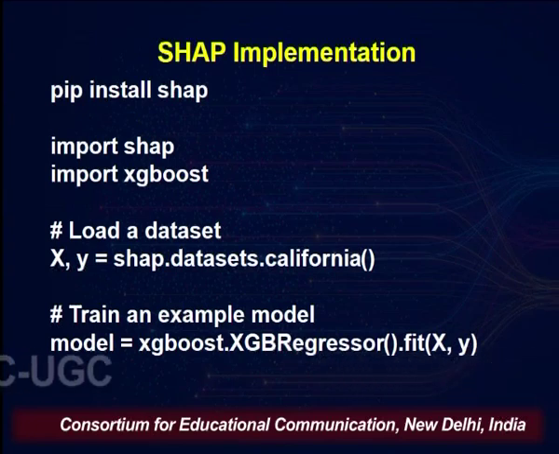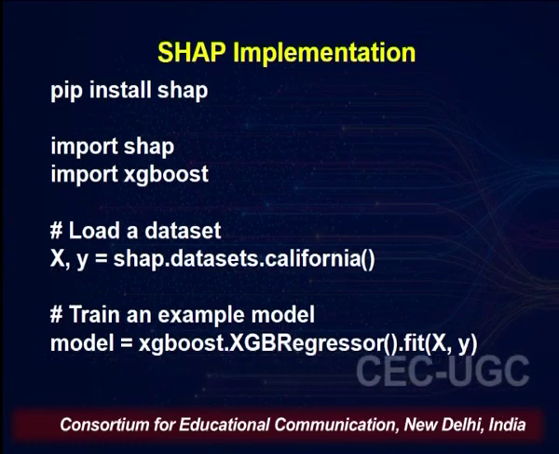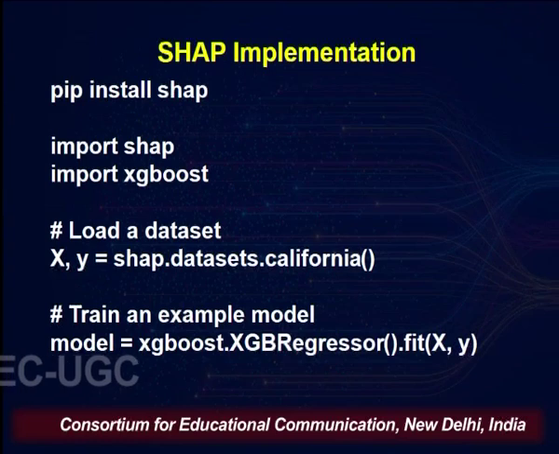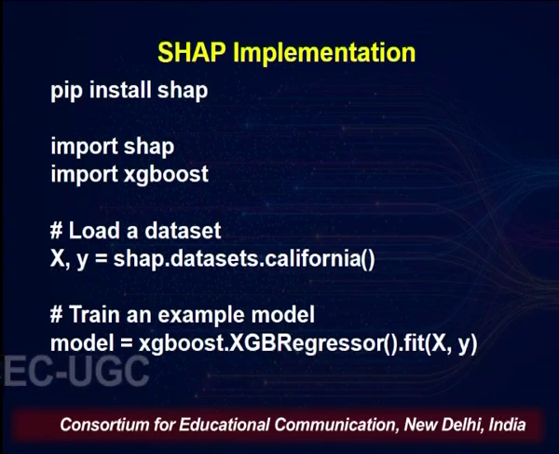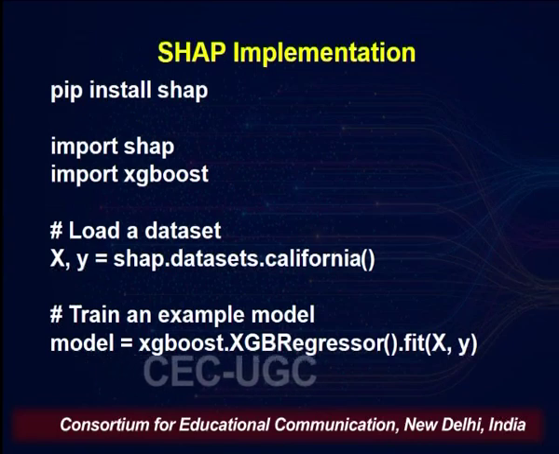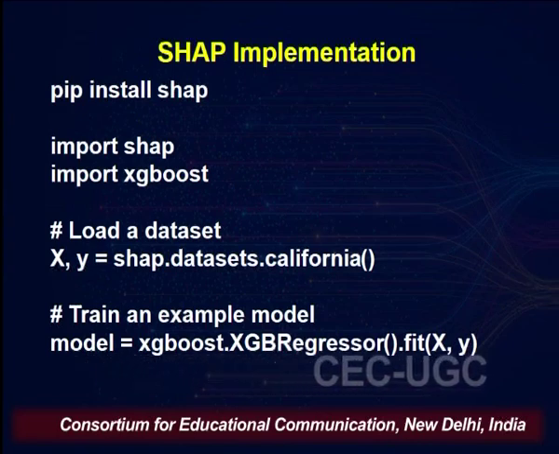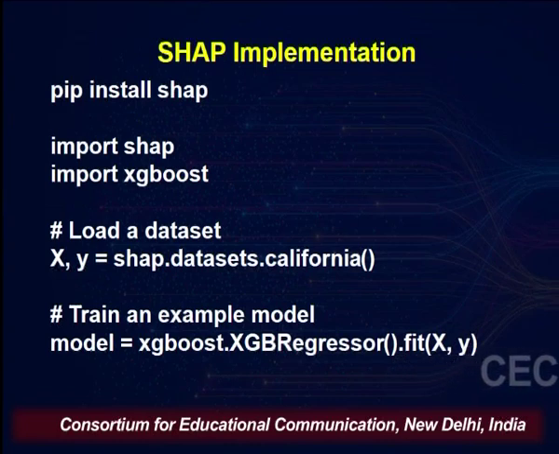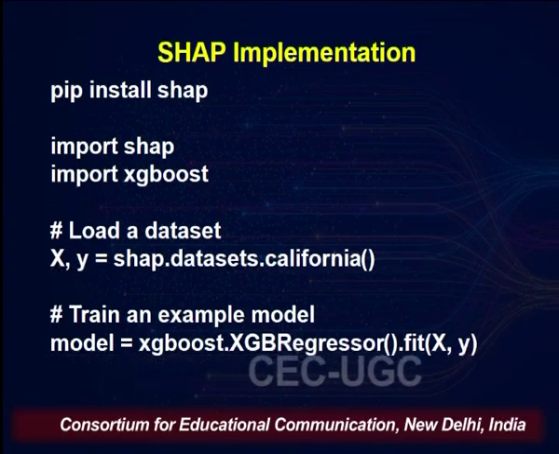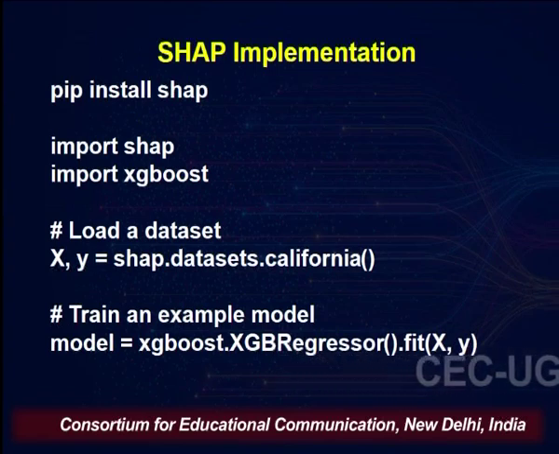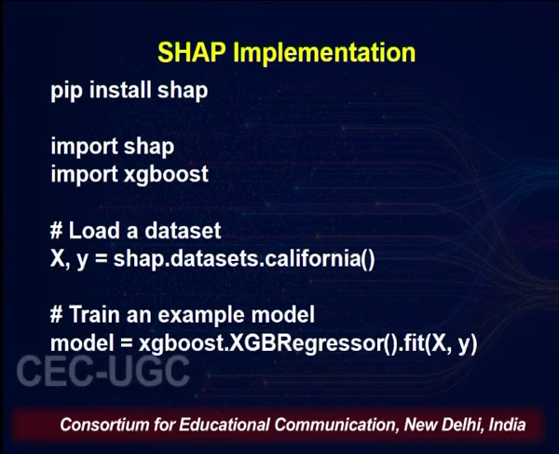Here we are taking a data set from inside SHAP, one of the inbuilt data sets. We are taking the California data set, and you can take any data set of your choice. Also remember that with these inbuilt data sets, sometimes the nomenclature gets changed, and the spelling becomes a little different.